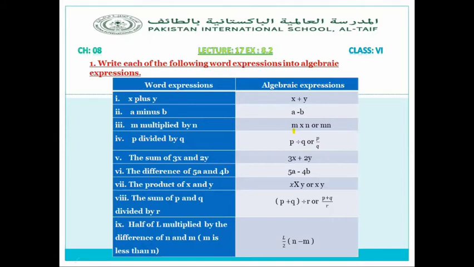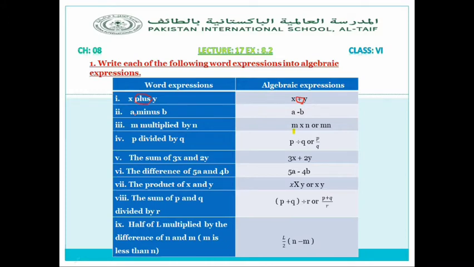Part number 1, we are asked x plus y. We know that the sign of plus in mathematics is like this, x plus y. In the algebraic expression, we will replace the word plus with the mathematical sign plus: x plus y. This is the mathematical or algebraic expression.